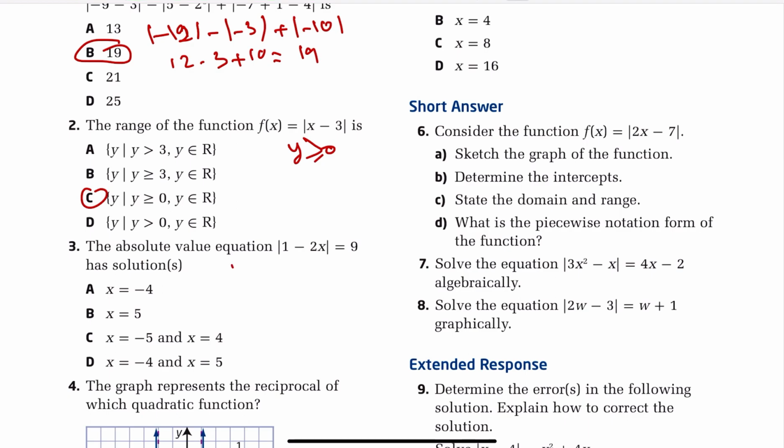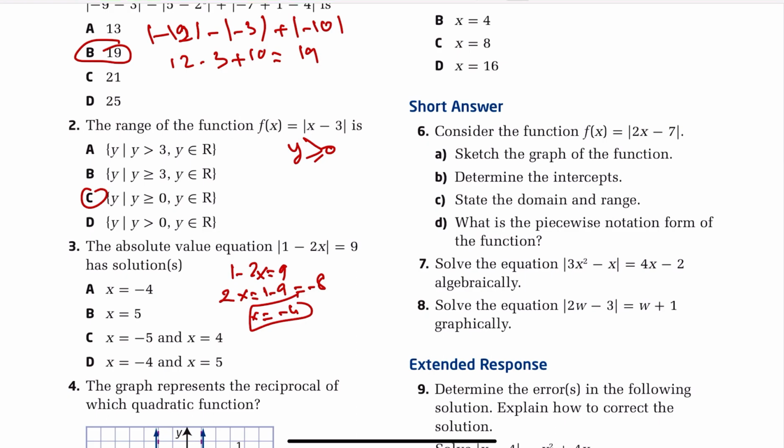So 1 minus 2x is equal to 9, and x is equal to 1 minus 9, which is minus 8, so x is equal to minus 4. This is the first answer.